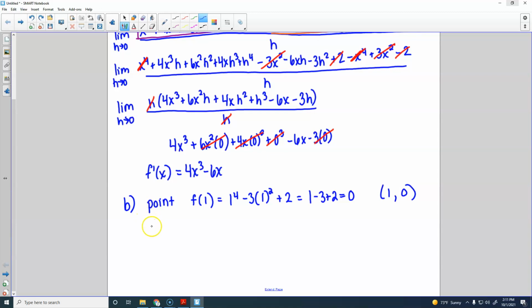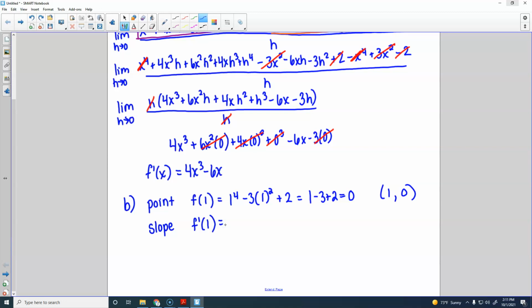And for our slope that we need, what are we going to do? Slope, y equals m. We're going to do that in a minute, but first we have to have a number to put in for the m, which is the derivative. So f prime of 1.